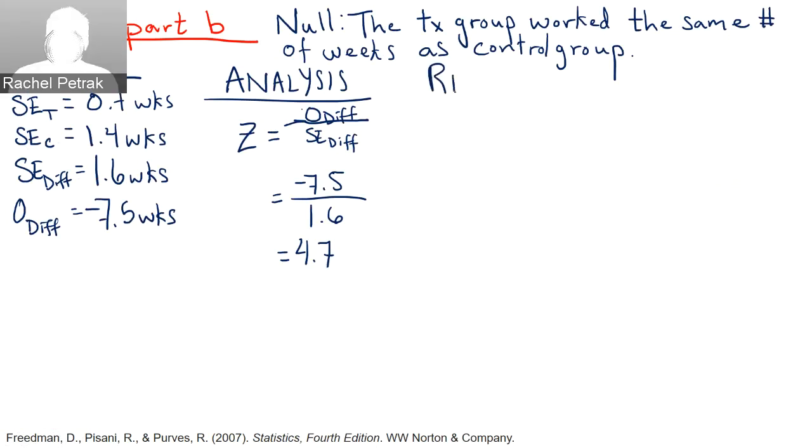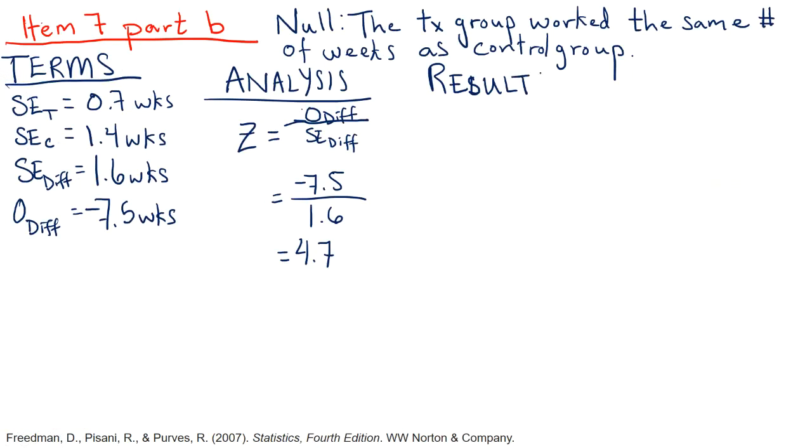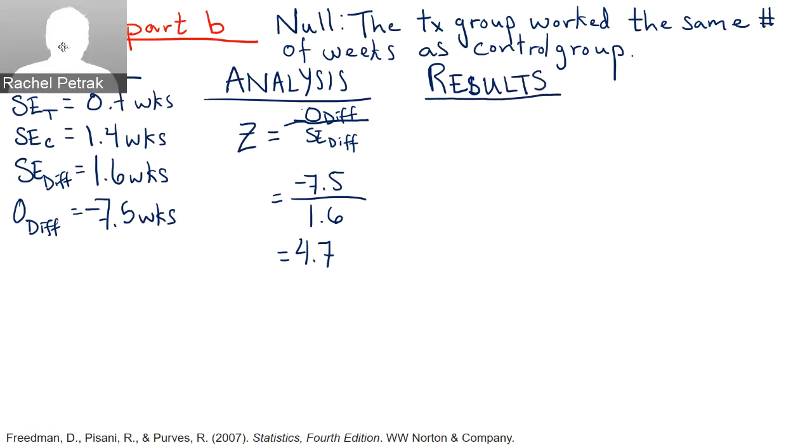So you decide, did the treatment have an effect on the number of hours worked? Specifically, we looked at, did the treatment reduce the number of hours worked? And yes, we did find that.